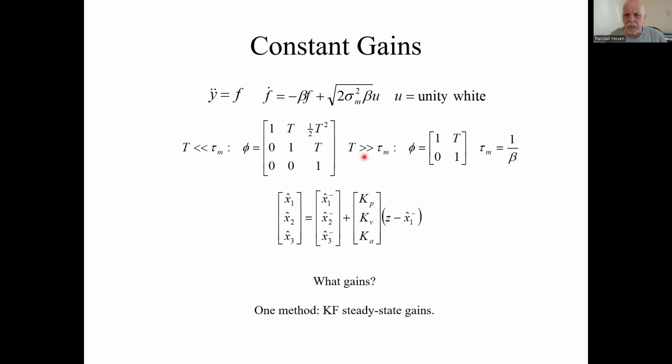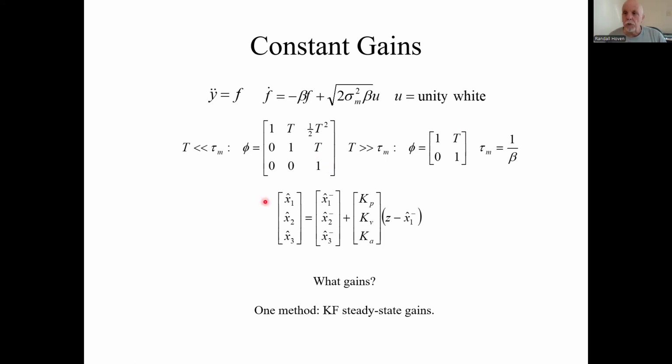And if that time between samples was relatively slow compared to how fast the thing changed, you'd use a state vector that has just two components. This one has three components. This one just has two components. So you would use this phi to help you project, propagate from this time to the next time.